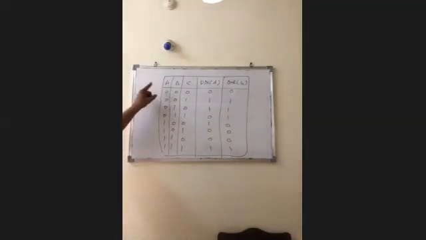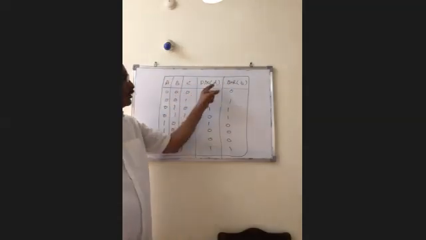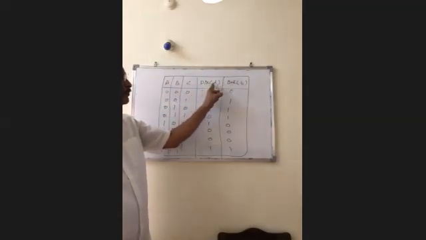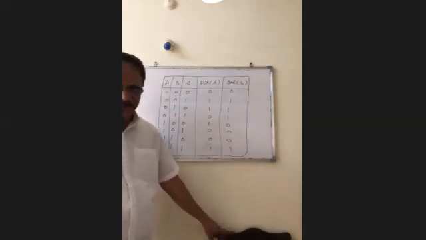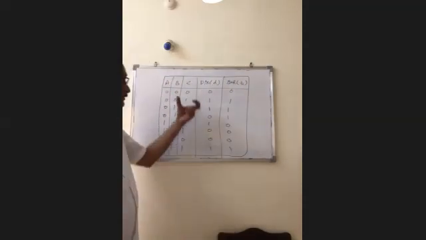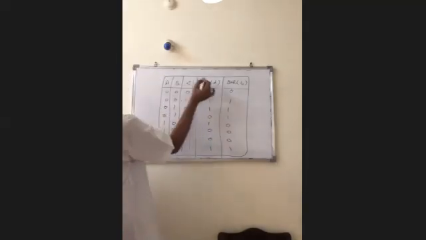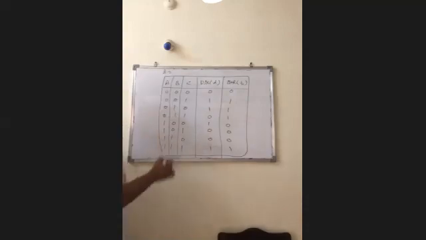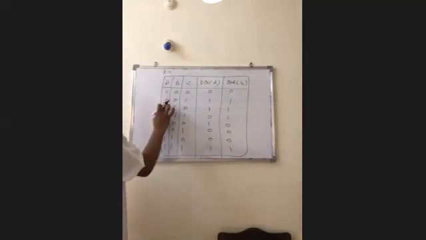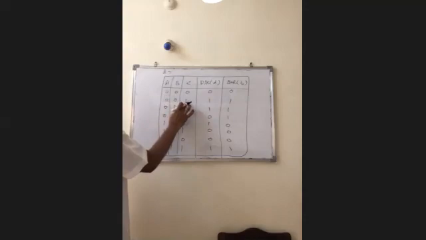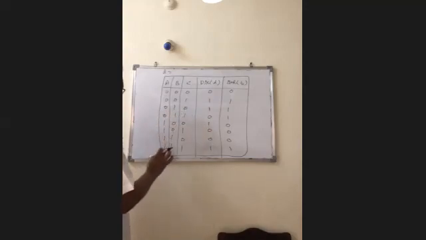For the full subtractor, the three inputs are A, B, and C only, not the Cin. And there are two outputs, difference and borrow. Difference output is D, and the borrow output is B. If you write the output expressions, difference output D is equal to A bar B bar C plus A bar B C bar plus A B bar C bar plus ABC.